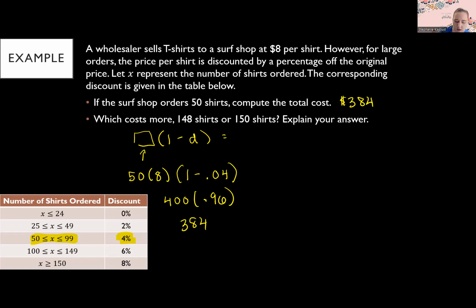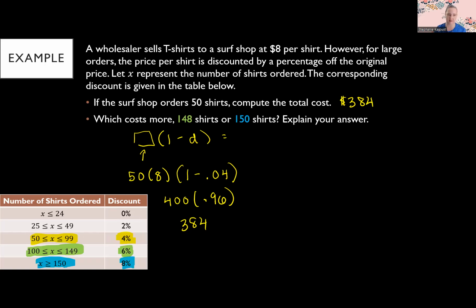So I'm going to color code these. Make sure I'm in my highlighter. 148 shirts falls into this bucket with a 6% discount. And then 150 shirts falls into the next bucket with an 8% discount.